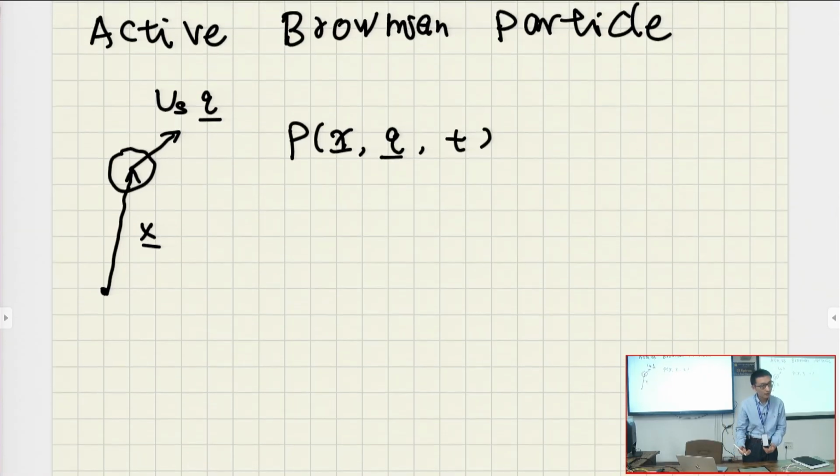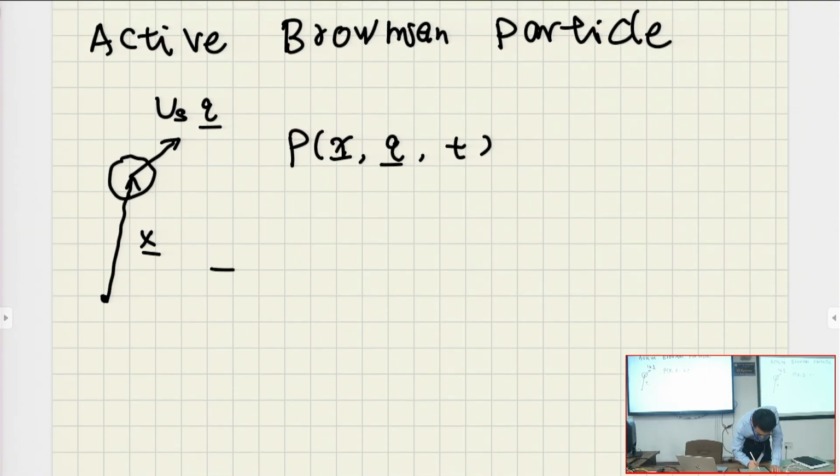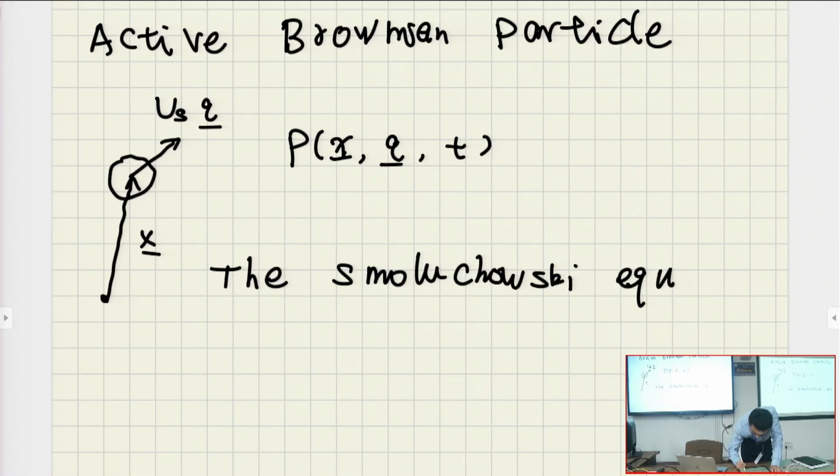And then we can write down a conservation law for P, which is called the Smoluchowski equation. That's essentially a generalized or higher dimensional advection diffusion equation, in this case in both space, physical and orientation space.